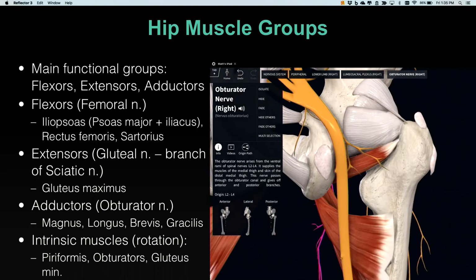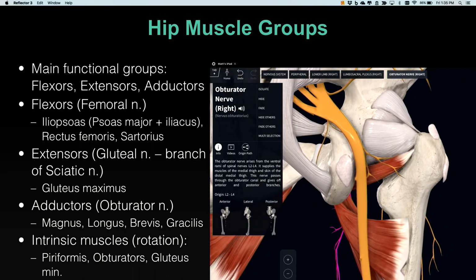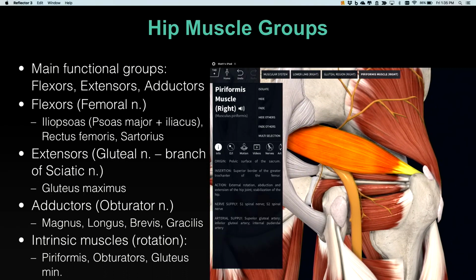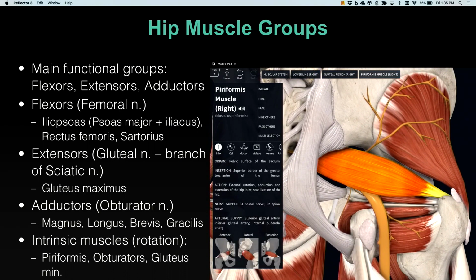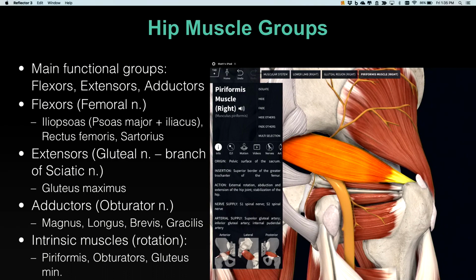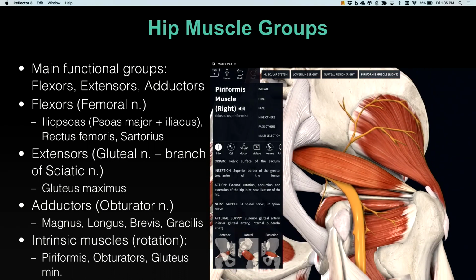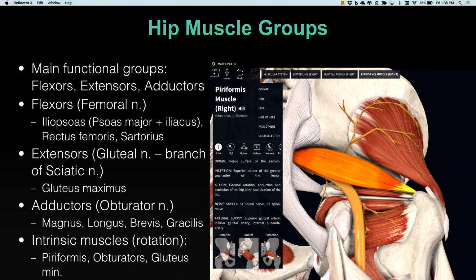So that one muscle that makes you jump is piriformis. And piriformis is one of the largest muscles that accomplishes that lateral rotation, one of the small intrinsic muscles of the pelvis, shown here. You can see the largest nerve in the body, sciatic nerve, running immediately deep to piriformis.